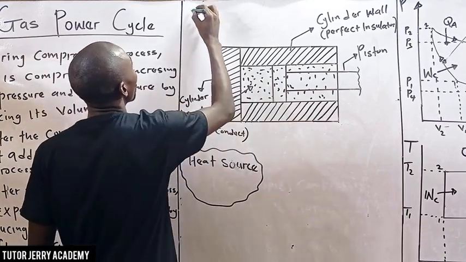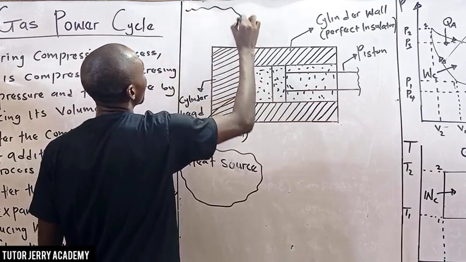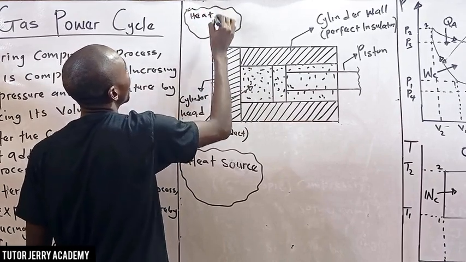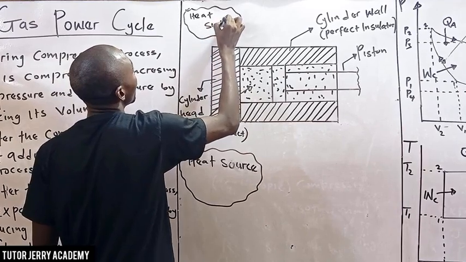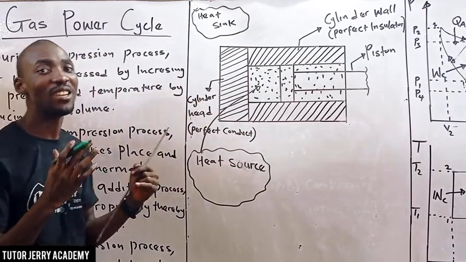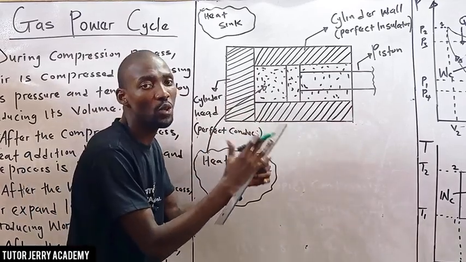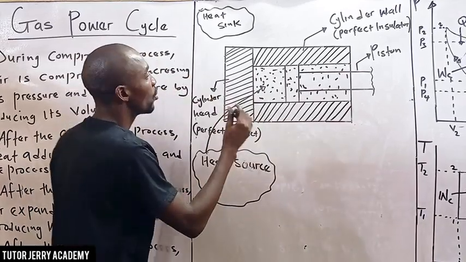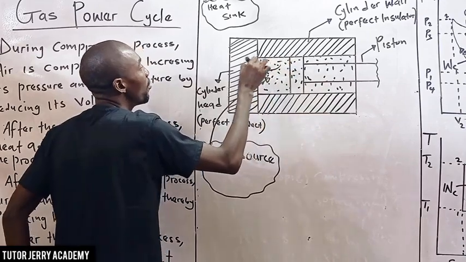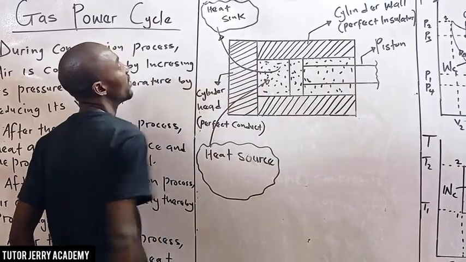So we have a heat sink here, and mind you, this heat sink is at a low temperature, and heat flows from a high temperature to a low temperature. Is that clear? So the heat inside this Carnot engine will move to the heat sink.